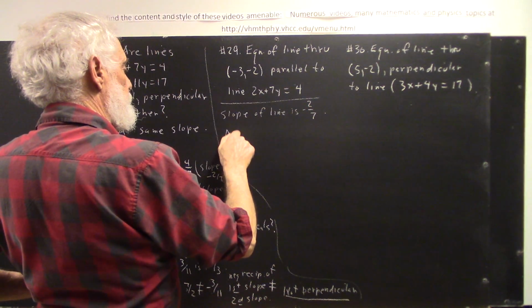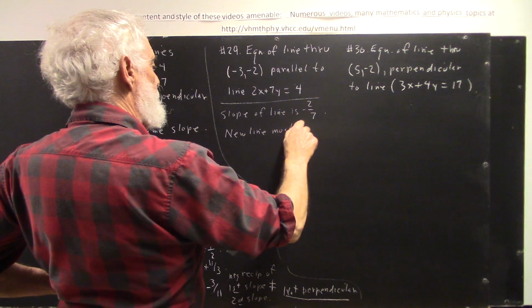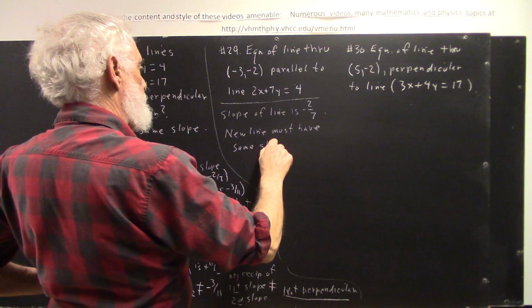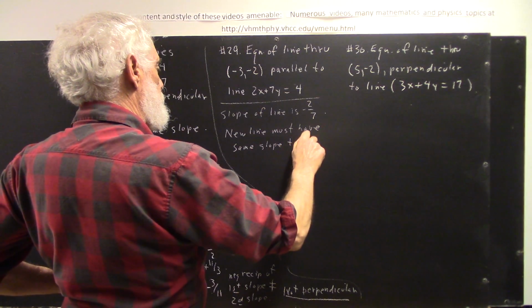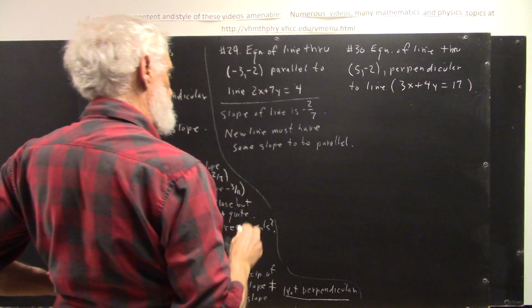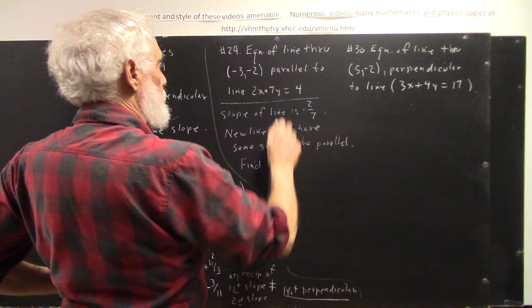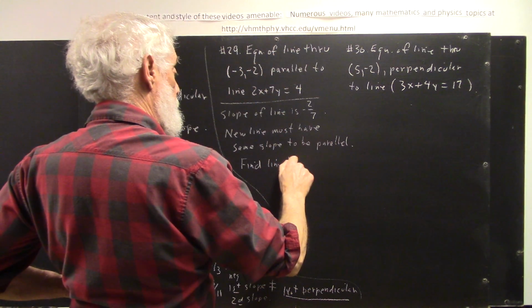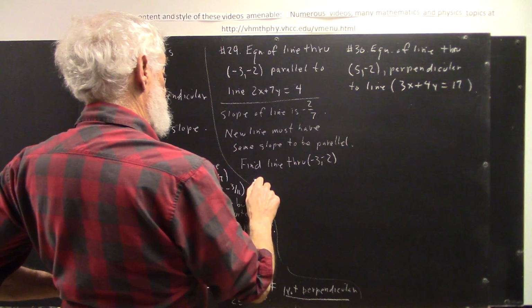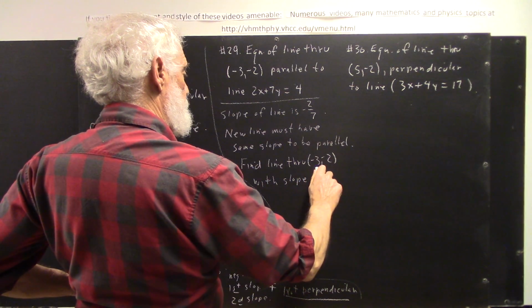So the new line must have the same slope to be parallel. So find the line. We're asked for a line through -3, -2 with slope -2/7.